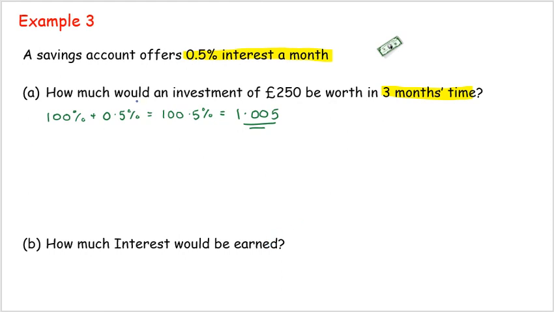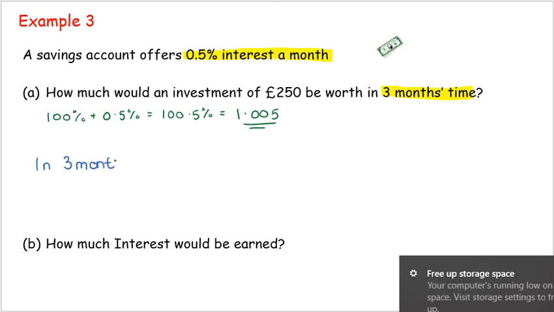Next thing is to set up my actual percentage question now, my compound percentages. So in 3 months' time, we have our initial amount, which was 250, multiplied by our multiplier, so our 0.5% increase, but we're increasing by 0.5% 3 times because it's over 3 months.